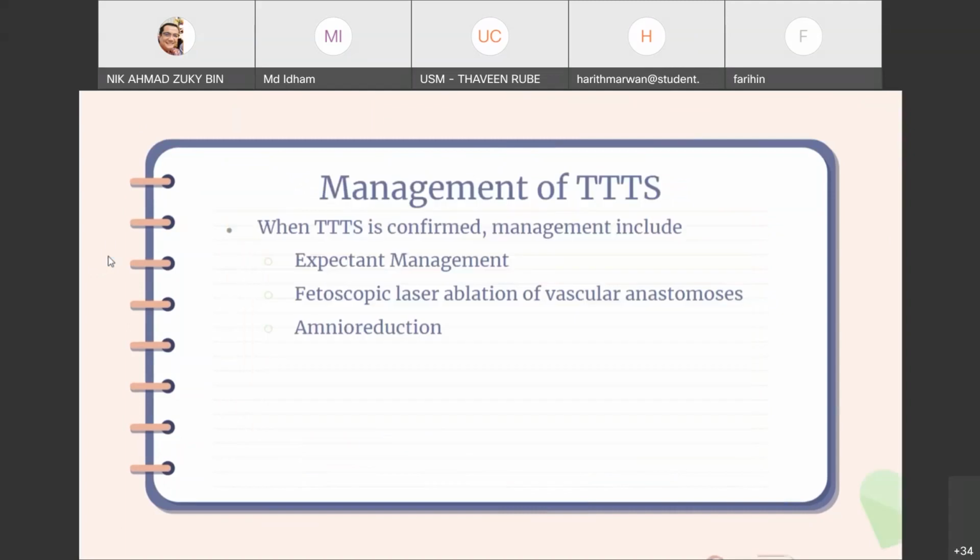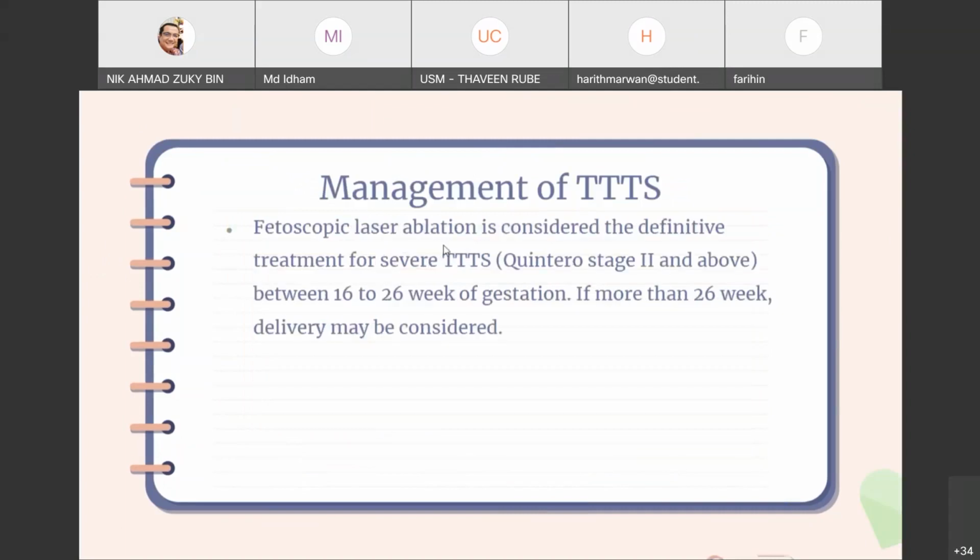So when twin-to-twin transfusion syndrome is confirmed, management includes one, expectant management; two, fetoscopic laser ablation of vascular anastomosis; and three, amnioreduction. Fetoscopic laser ablation is considered the definitive treatment for severe twin-to-twin transfusion syndrome, which is Quintero stage 2 and above, and the period of gestation must be between 16 to 26 weeks.